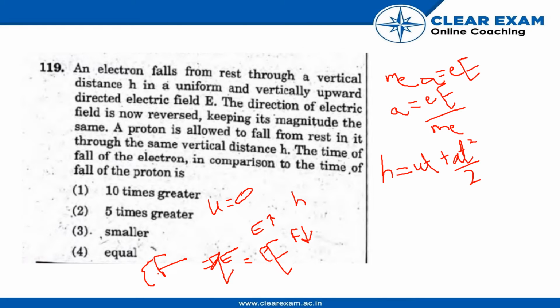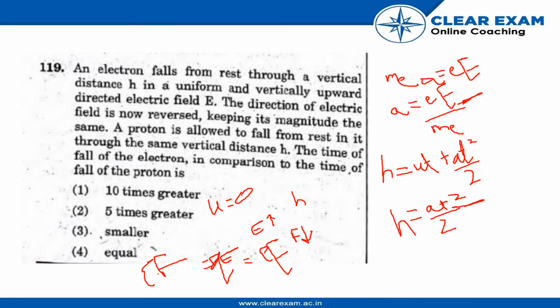So our initial velocity was 0. So we will get h equal to just at squared by 2. So we will put the value of a in this equation.